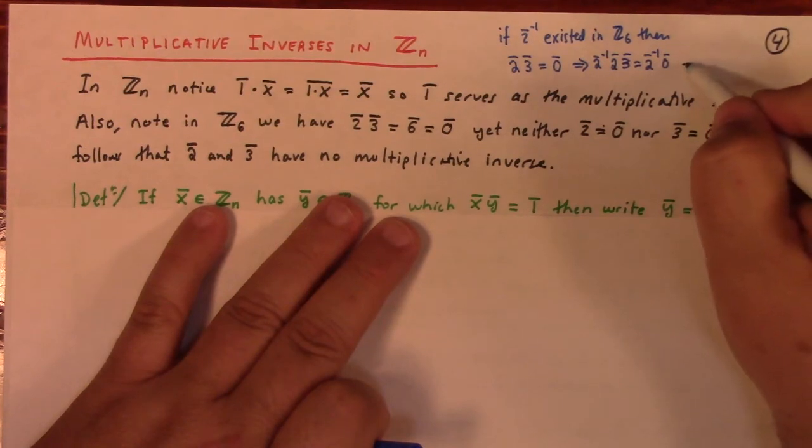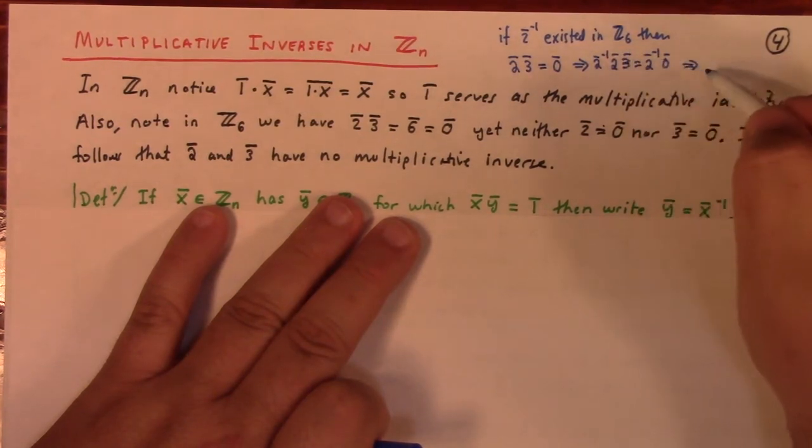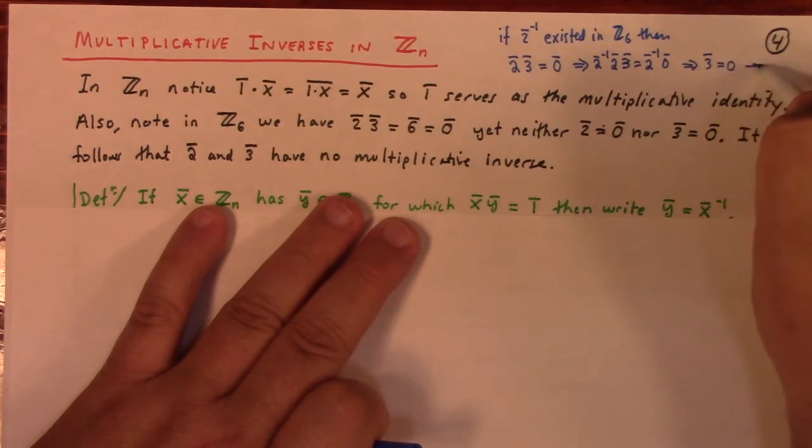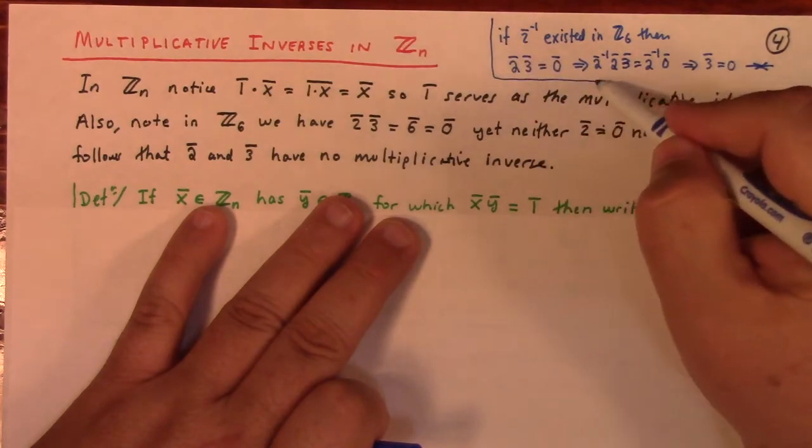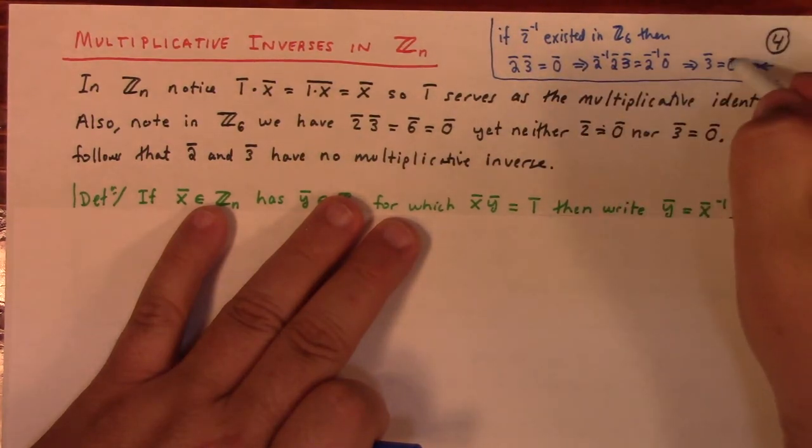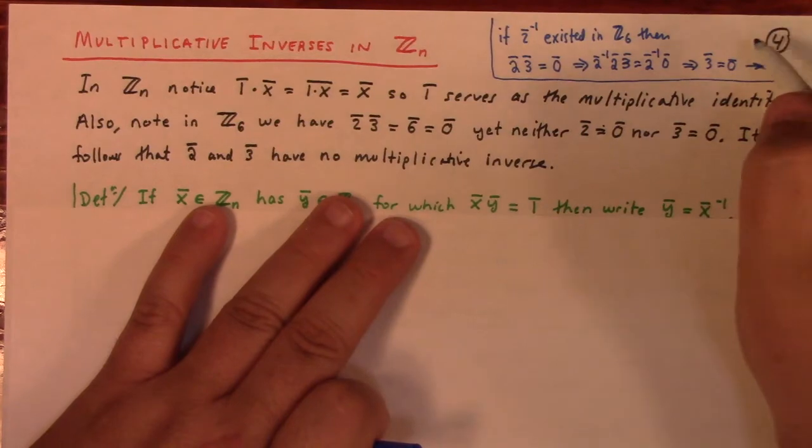But 2 bar inverse and 2 bar would give me 1, which would give me 3 bar equals 0, which is ridiculous. You can't have the equivalence class with representative 3 equal to the equivalence class with representative 0. Not in Z6 anyway.